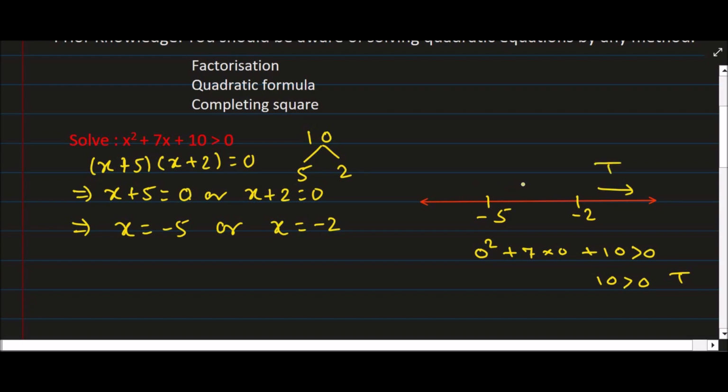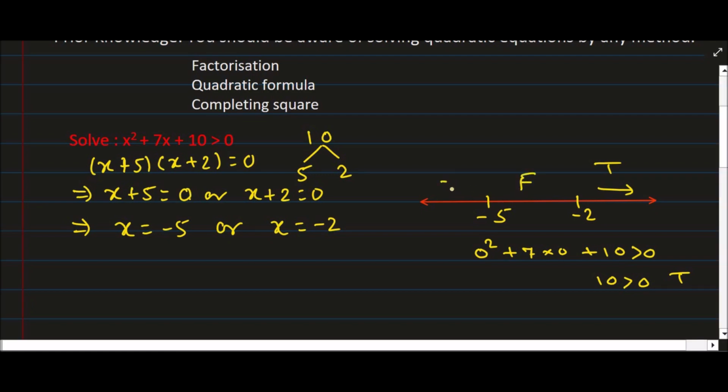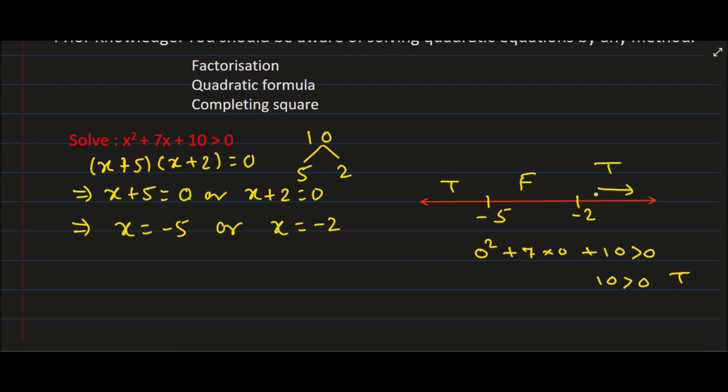For the other two regions, no need to check. We'll just put true and false alternately. The next will be false and this will be true. So true and false come alternately. Now you have decided in which region it is true and in which region it is false. Region true means that's the final solution.